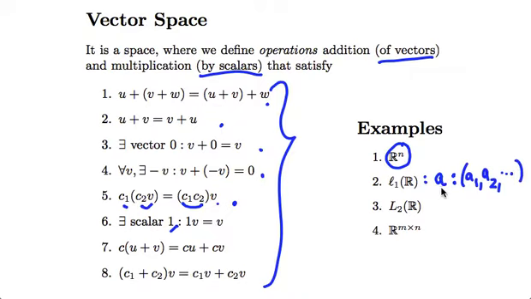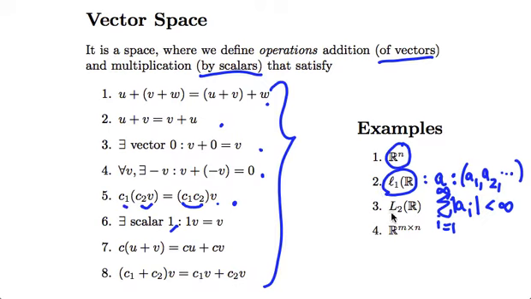And l1 of R is the set of all sequences such that the summation of the absolute values of Ai is finite, and of course i goes over the entire range, which is infinite. So these are what are called sequences, and if they're l1 summable, that is, their l1 norm is finite, then any such sequence is in the set l1 of R, and this set l1 of R is actually a vector space.